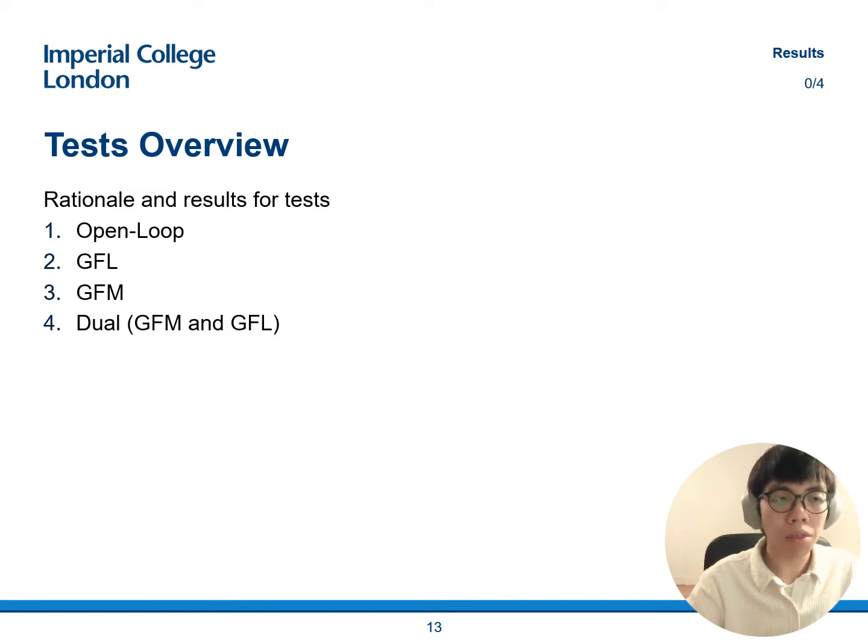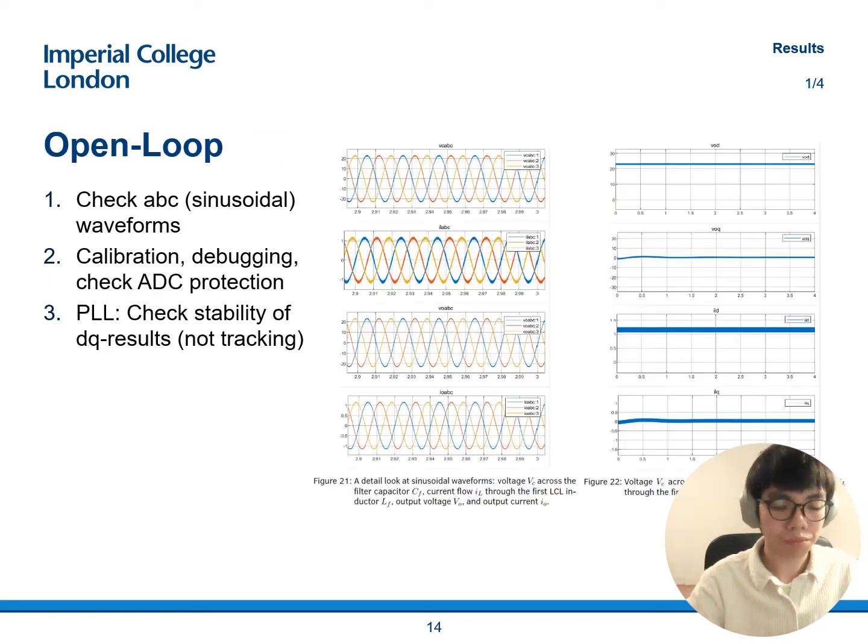Now I'd like to walk through some of the rationale as well as results for various tests which I've done for this board in order to verify the validity of the model in both simulation and on hardware. First of all, I performed an open loop test because I needed to check whether the ABC waveforms are sinusoidal and also to ensure that the 0 points of the ABC waveforms are aligned.